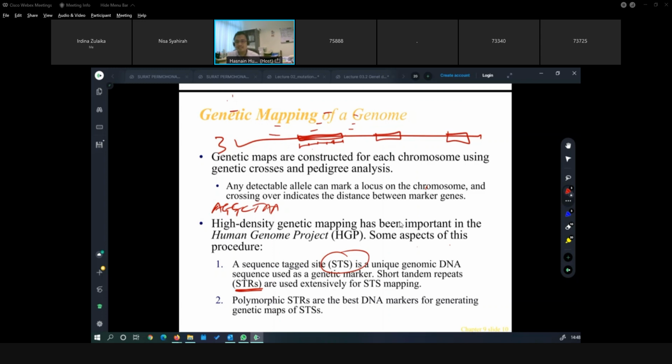Polymorphic STR means that different individuals might have a slightly different number of repetitions. For example, this person has 20 on chromosome 3, but a different individual might have only 15. So you know that this is a very unique site, so it can be a DNA marker. This is the STR that is a subset of sequence tag site.